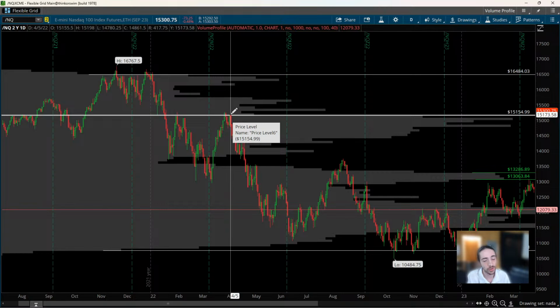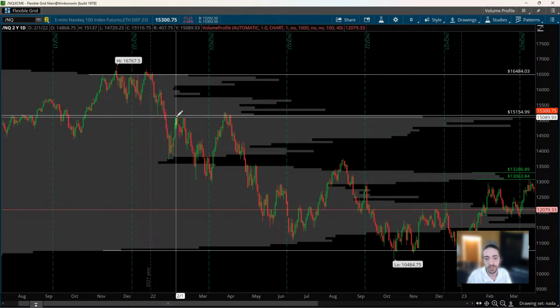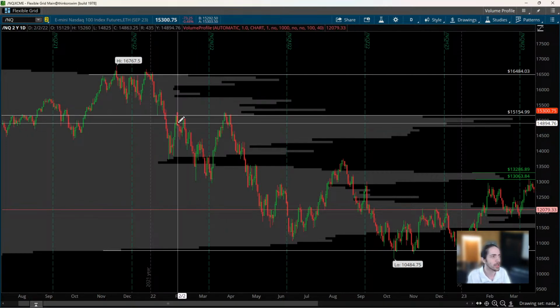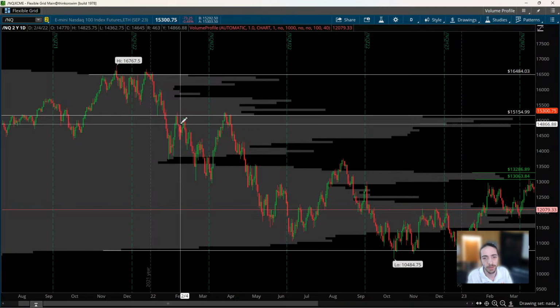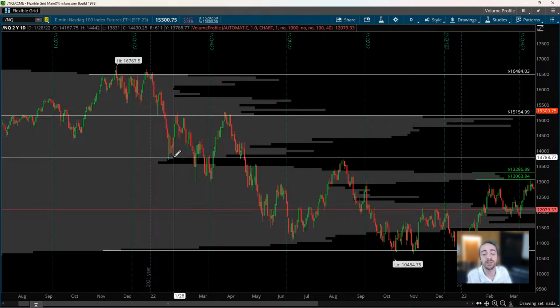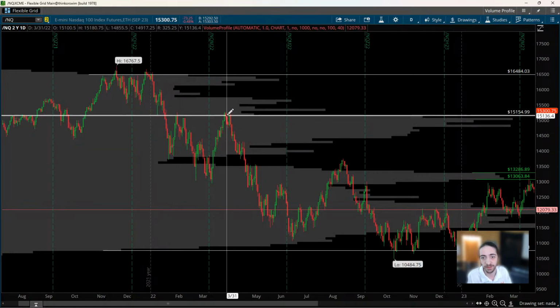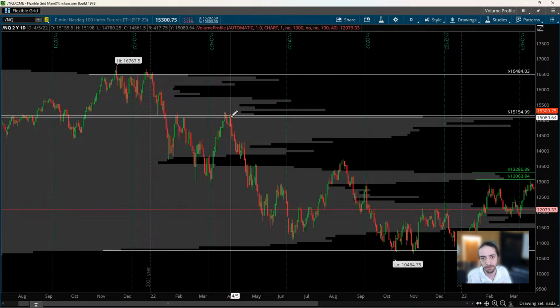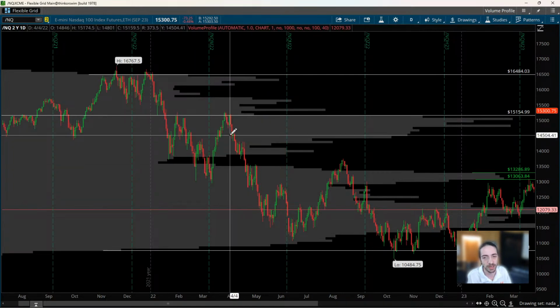Once we make those higher lows, guys, that's what I mean when I say I want to retest before we go lower. We started selling off, and I could have been like, oh, I missed it, but no, I didn't miss it. If it's a strong move, it'll give me that pullback before it gives me the drop.